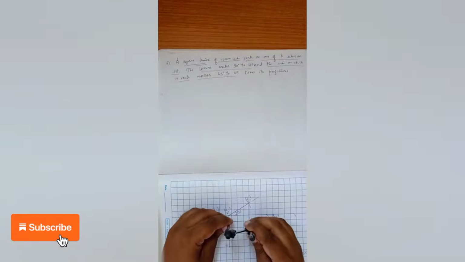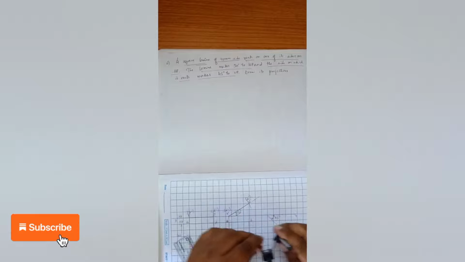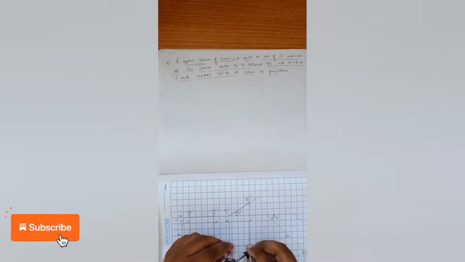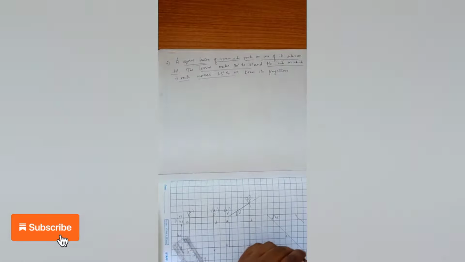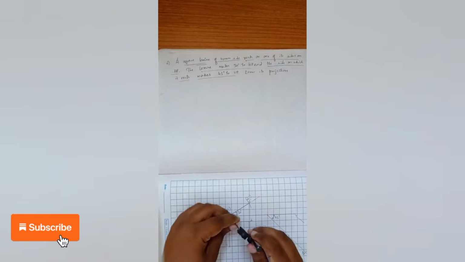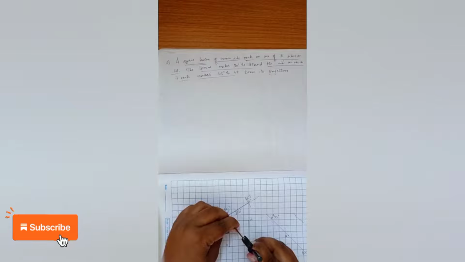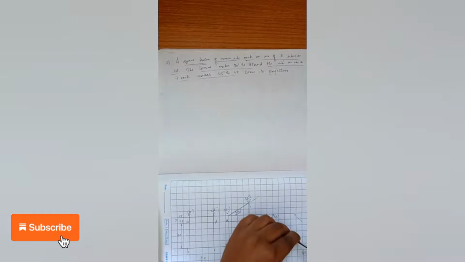You just follow the procedure, A to D first arc. You see this A to D length is exactly equal to B to C. After we cut AD and BC, now in reverse we have to cut from A to C, first arc.